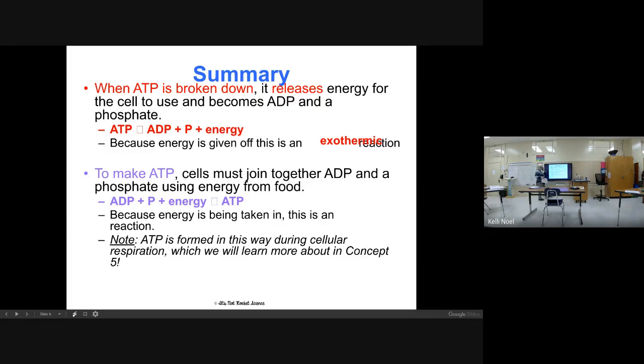So this is, and it's down here, endothermic reaction. And this whole process of making ATP is what cellular respiration does, and we're going to be covering that after we look at photosynthesis. But you needed to have kind of an idea of what ATP is before we can move on.